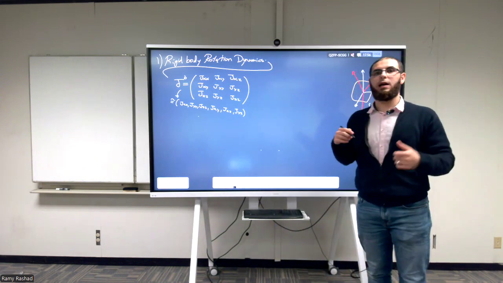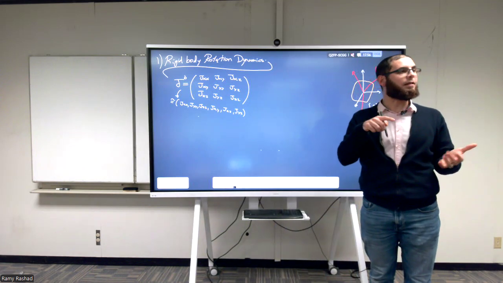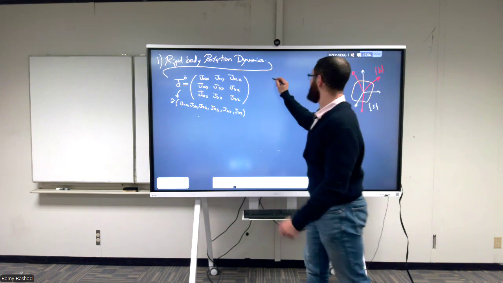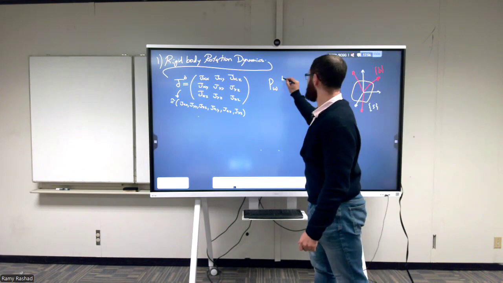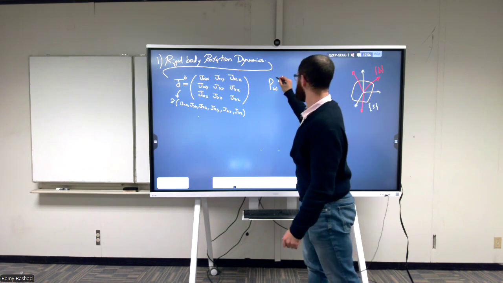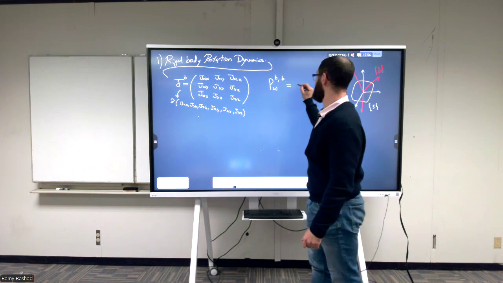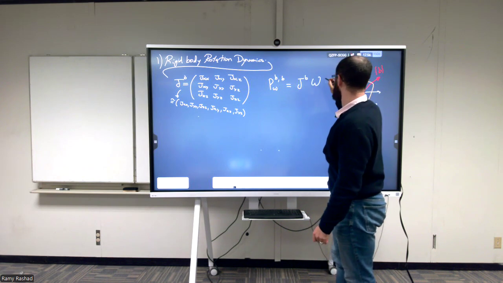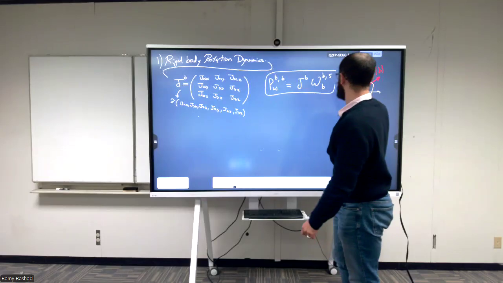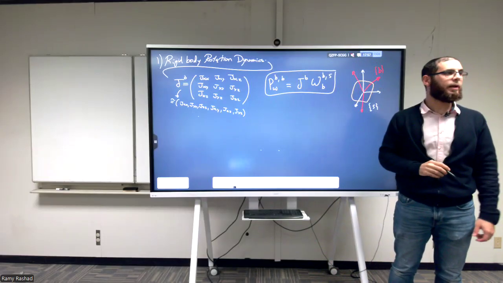So now what is the angular momentum in the B frame? The angular momentum of the body that's attached to frame B, expressed in the B frame, is simply JB multiplied by omega BSB. So this is the angular momentum.